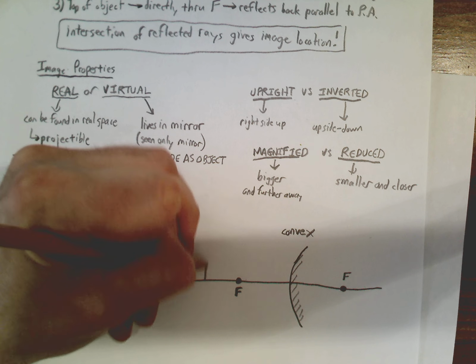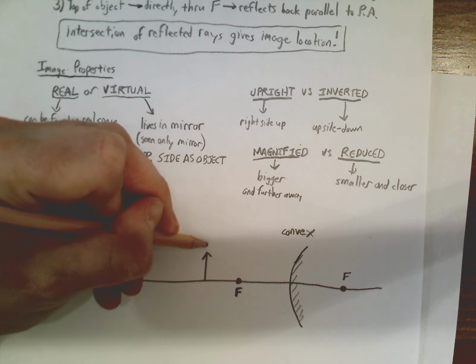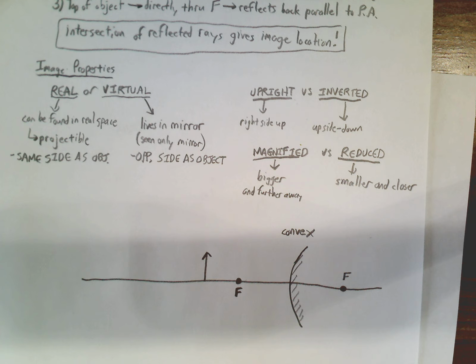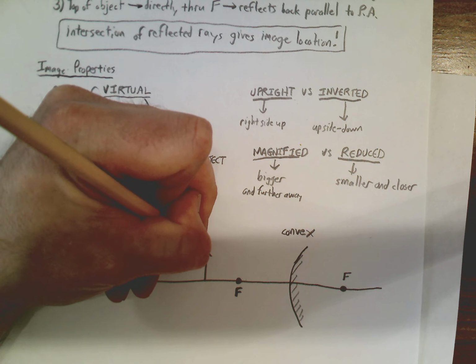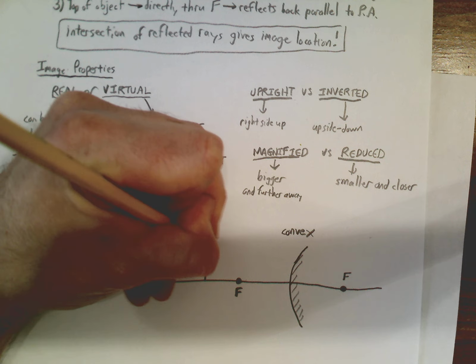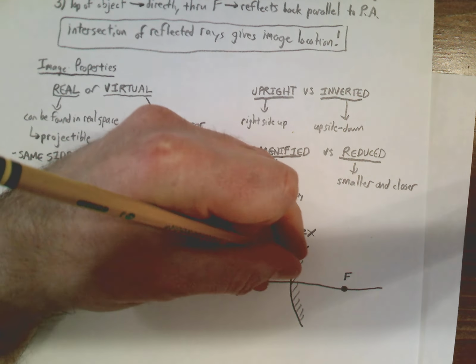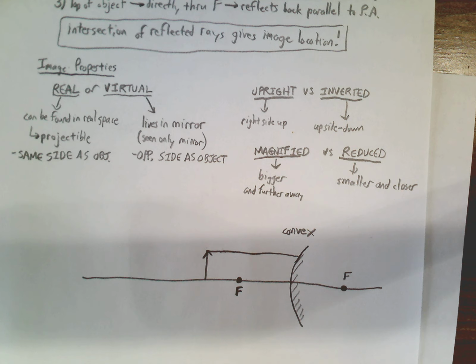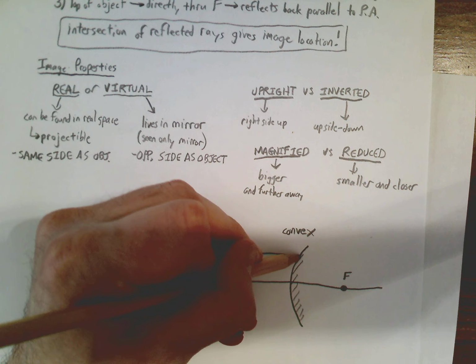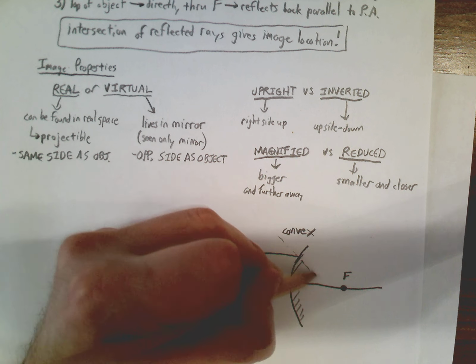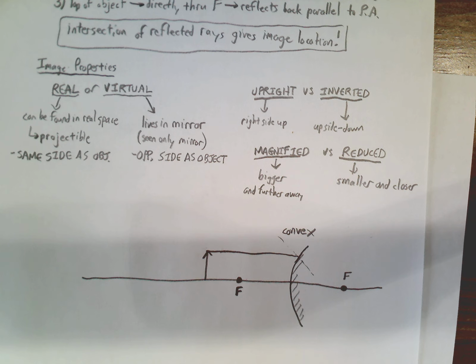I'm still going to place my object on the outside, and we're going to draw our special rays. I'm going to draw a ray coming in straight to the mirror, and then it should bounce back to the focal point. However, by the law of reflection, the normal line points this way now from the surface of the mirror.